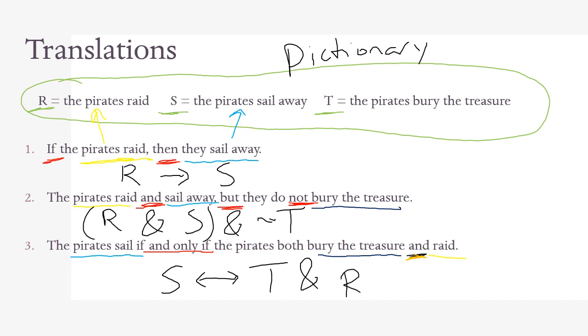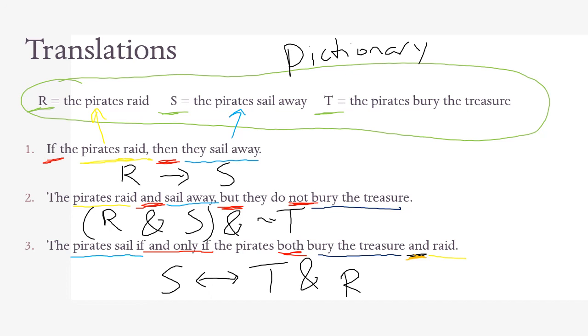So let's look back at the sentence. The pirates sail if and only if the pirates both bury the treasure and raid. Here, both is going to tell us how we're going to use our parentheses. Because what's it say? It's saying that both of these things have to happen if the pirates are going to sail away.